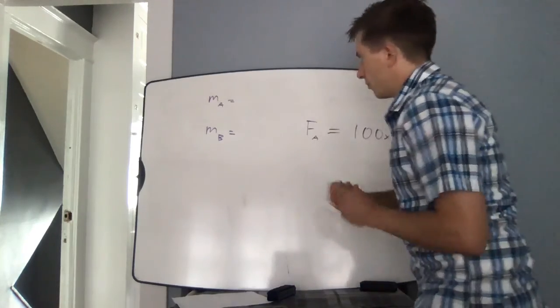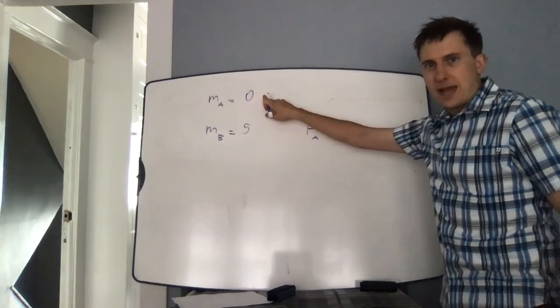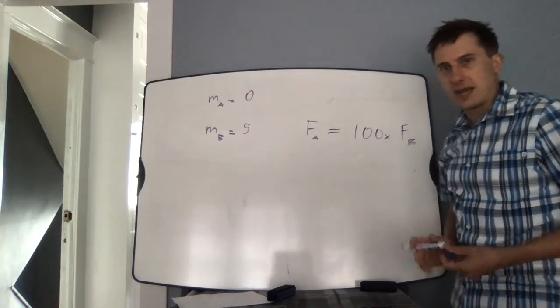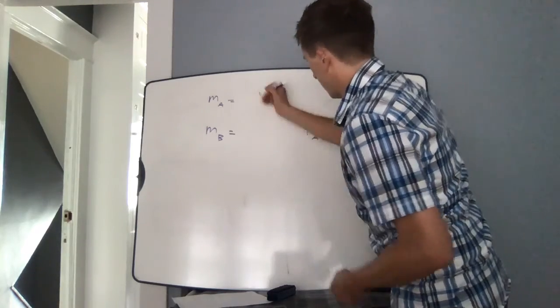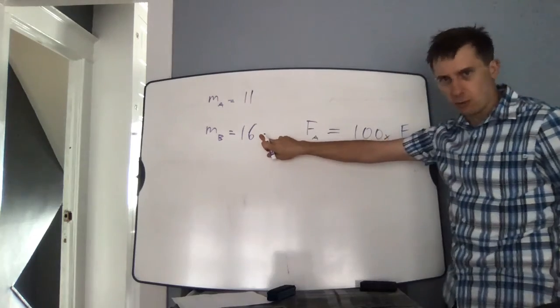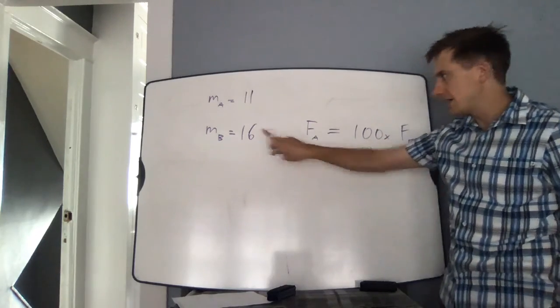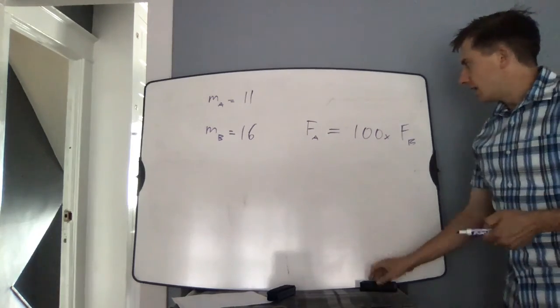I could have numbers like 0 and 5. Magnitude 0 is still 5 magnitudes brighter than object B. Or I could have something like 11 and 16. Again, we're 5 magnitudes apart, which means we're going to be 100 times dimmer in this case.